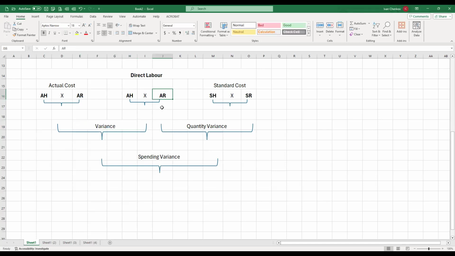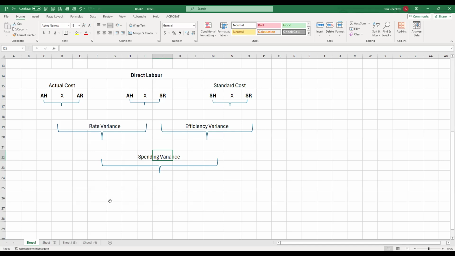Standard rate, yes, that's correct. So here for the variance, we're gonna have the rate variance, because the hours stay the same and the rate is different in reality. And on the other side, we're gonna have the efficiency variance. The overall variance is still gonna be the spending variance.